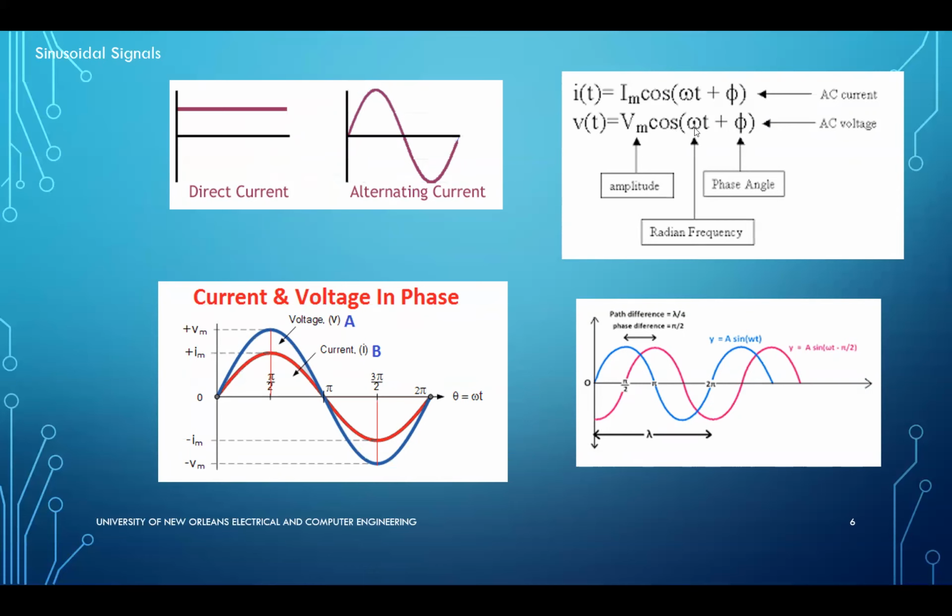And just to recap, the amplitude, of course, is however high or low the signal will go. That's what determines the amplitude. The frequency will be how often it's going to change. The higher the frequency, the more often the signal is going to change, and the lower the frequency, the less often the signal is going to change.